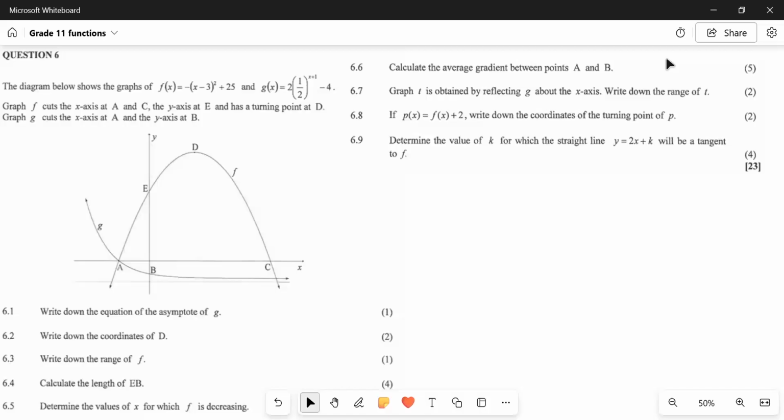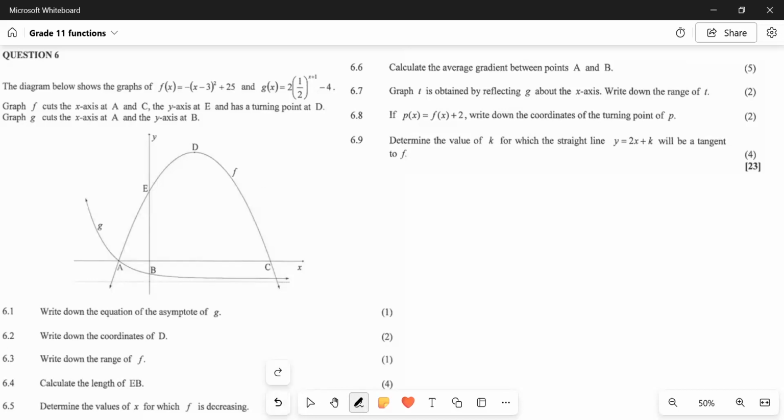Point A, it's the point of intersection of F and G, right? It's the point of intersection of F and G. Perfect. But we can all see that it's also an x-intercept. So you can use either f of x or g of x because it's the point of intersection.